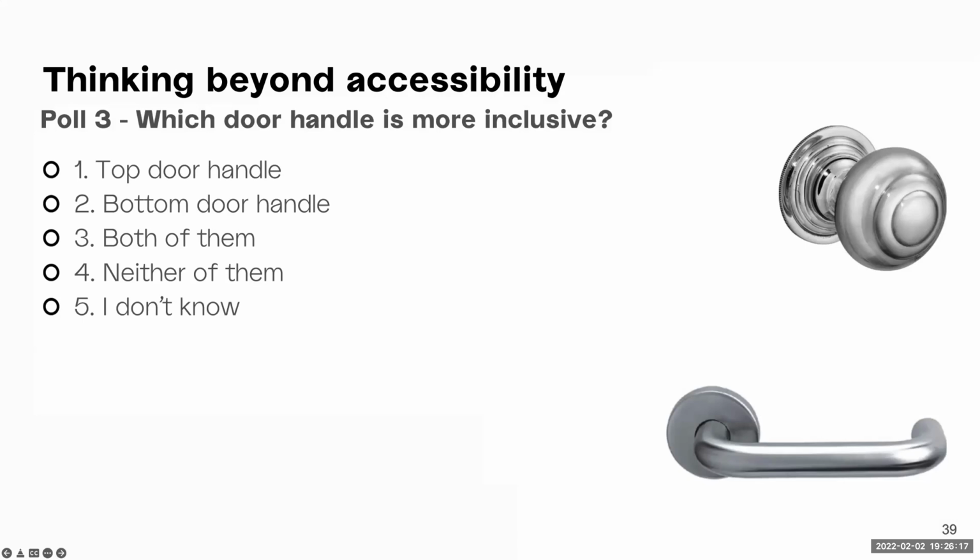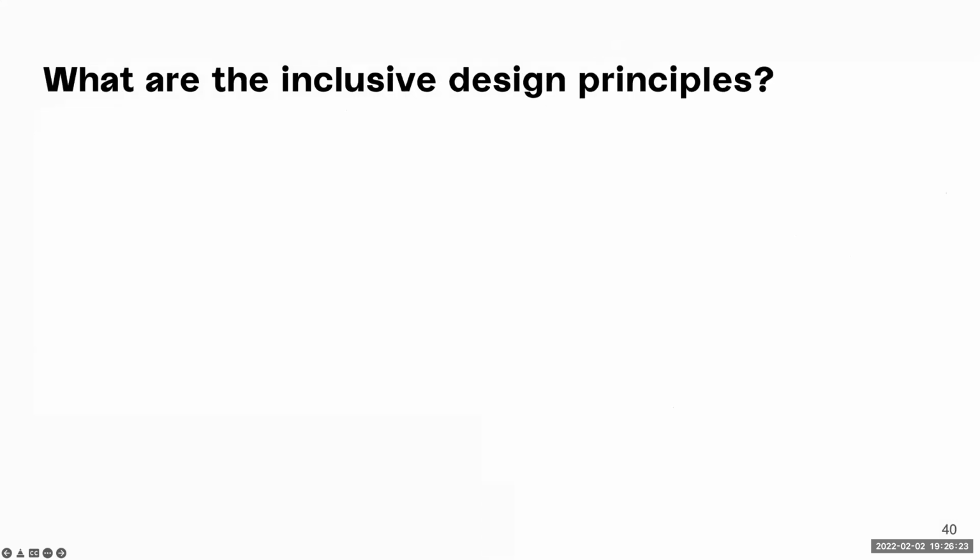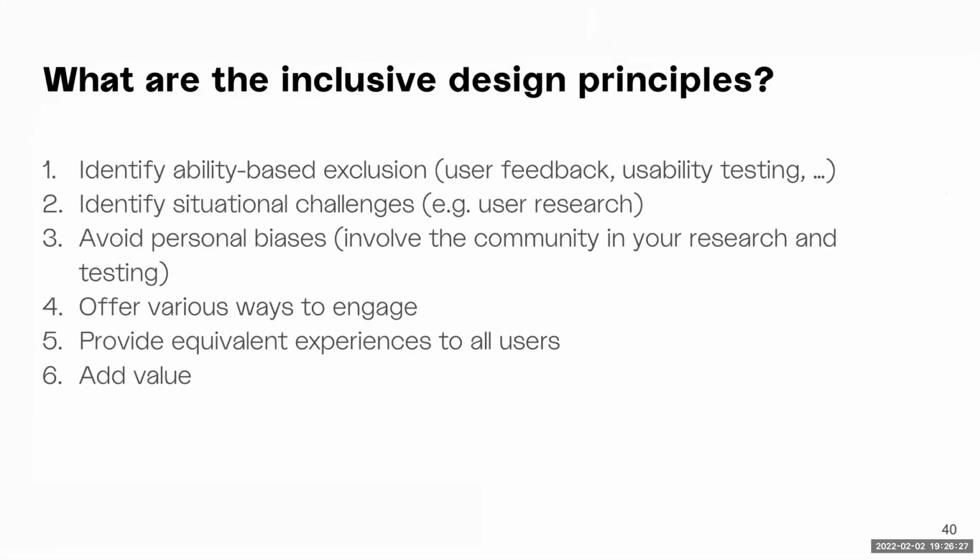Everyone can open the bottom one, but not everyone can open the top one. Thank you for your contribution. That takes us to the fact that there are some principles when it comes to inclusive design, and I think Zainab will talk about this better than me.